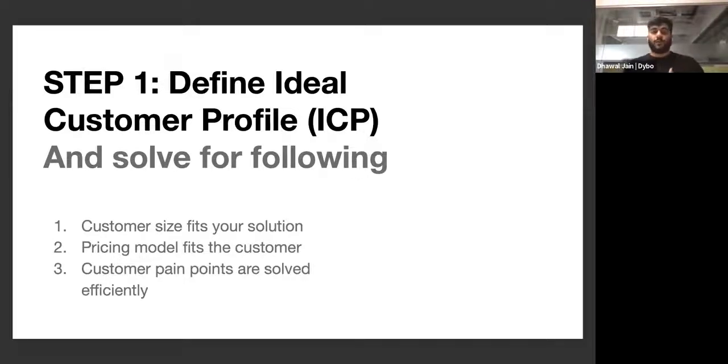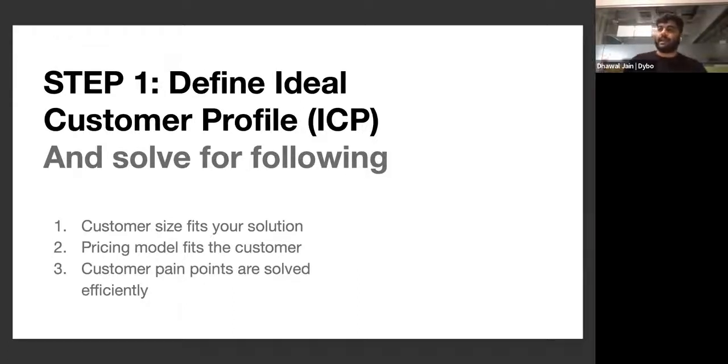You solve for the following problems while making the go-to-market strategy as you define this. First, the customer size fits your solution, right? A lot of times we create a really complicated product for a very, very niche audience, and there is no growth beyond that audience. This is a huge problem amongst people who are creating tech startups.